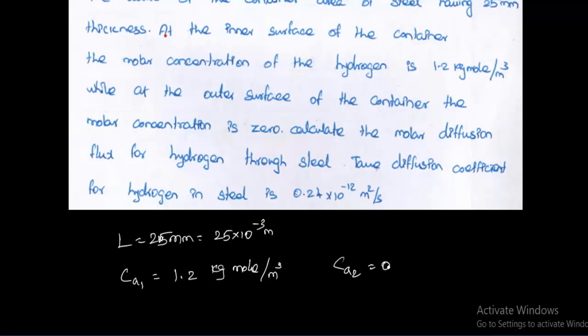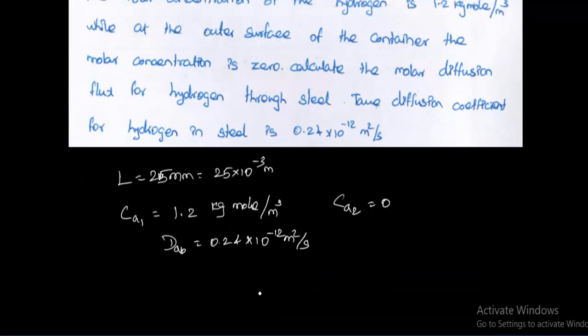Now calculate the molar diffusion flux, that is molar flux for hydrogen through steel, that is the plane membrane is steel. Take diffusion coefficient DAB as 0.24 into 10 to the power minus 12 meter squared per second. Here the diffusion coefficient is given in the problem itself, right?